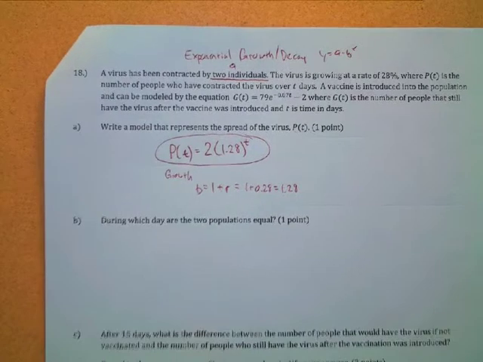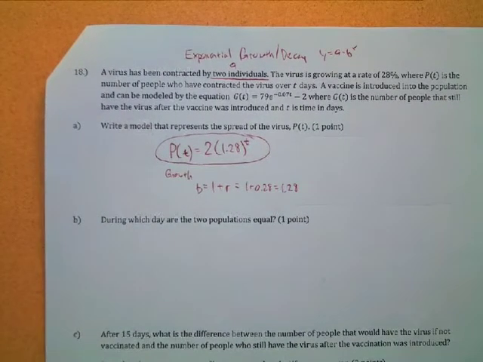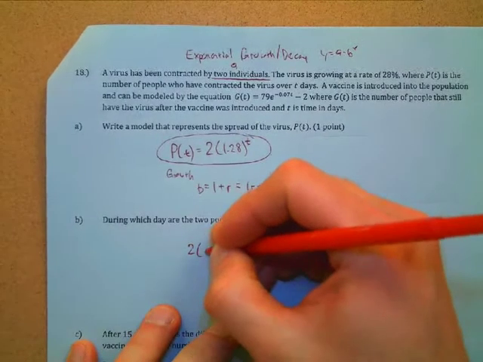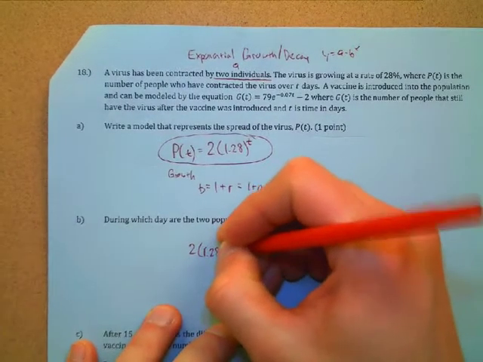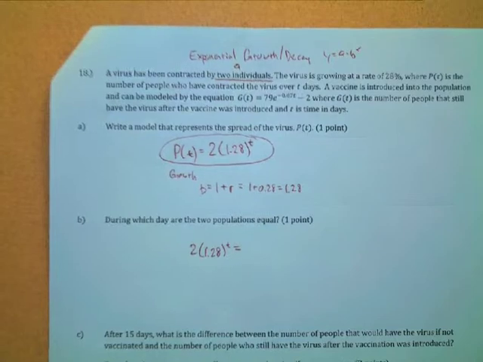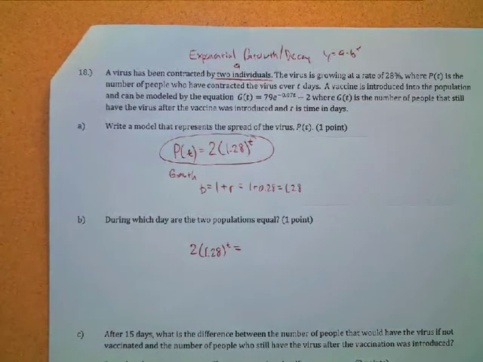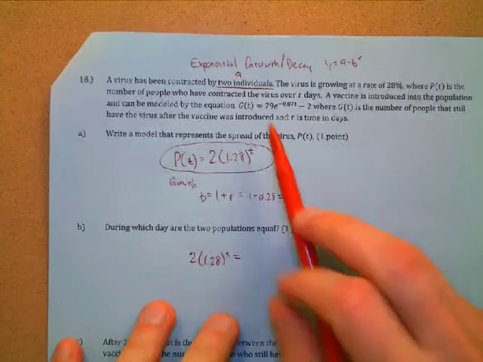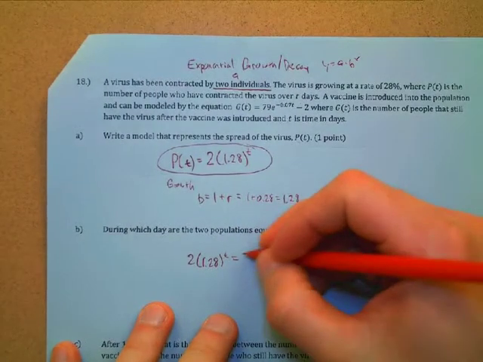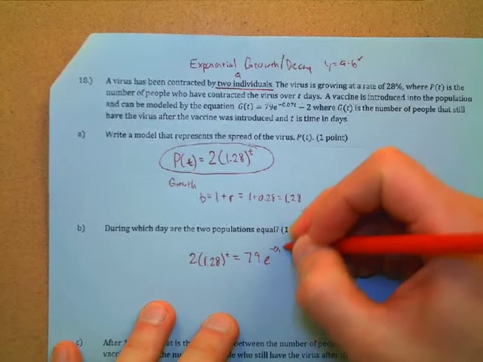Okay, so anyway. All right, letter B. During which day are the 2 populations equal? Well, we're setting this population equal to the other population, the vaccine, right here: 79e to the negative 0.07t minus 2.